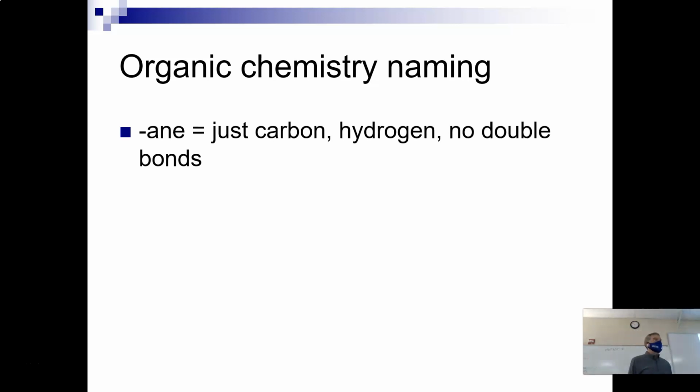The prefix we use depends on how many carbons. And when there's just one, believe it or not, the prefix we use is meth. Anytime you see the prefix meth, what it's referring to is little 1-carbon chunks.